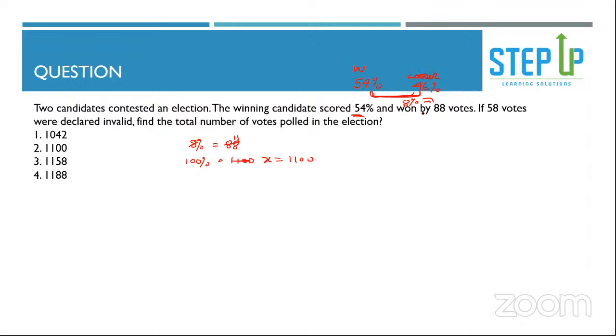But they have added one more condition: 58 votes were declared invalid. So we need to add 58 from our side. The answer is 1158. Right. Oyon, I hope you can check your answer. It's 1158.